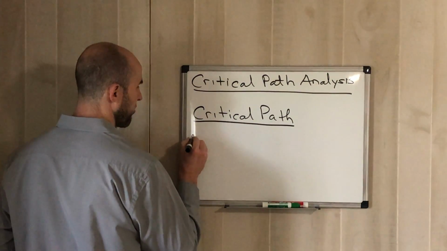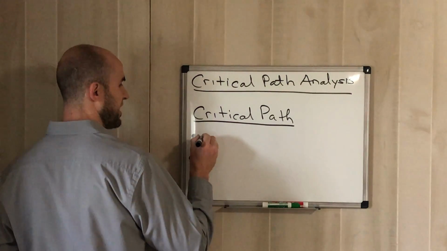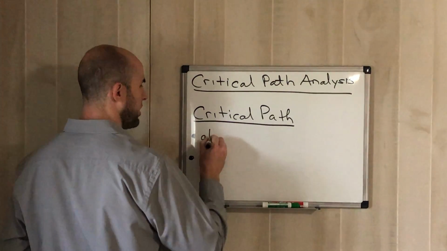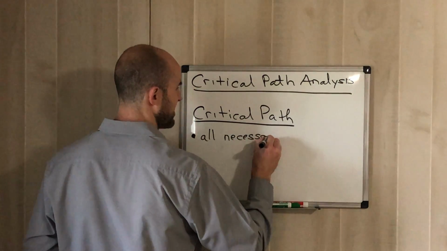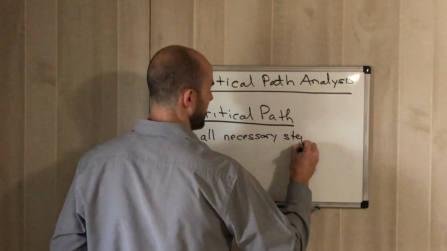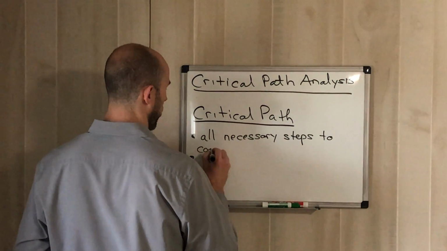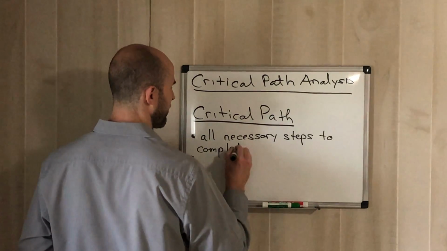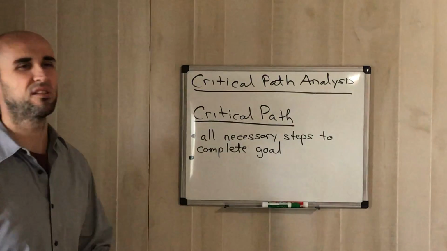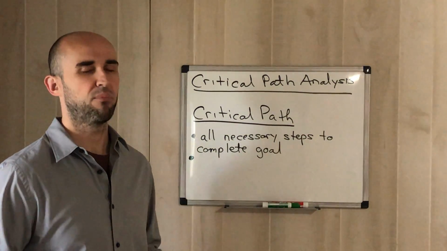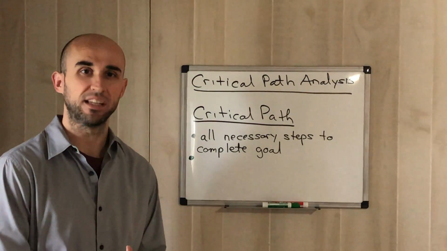So when we create a critical path, there are always two important things that we need. First are all the necessary steps to complete our goal. There's a difference between things that are extra and things that are absolutely necessary.